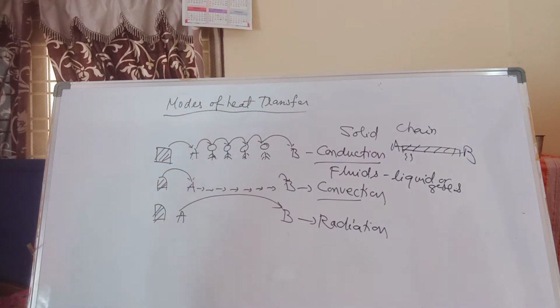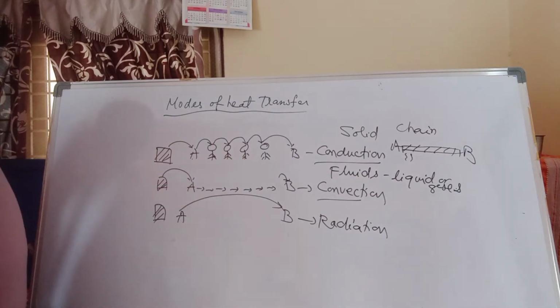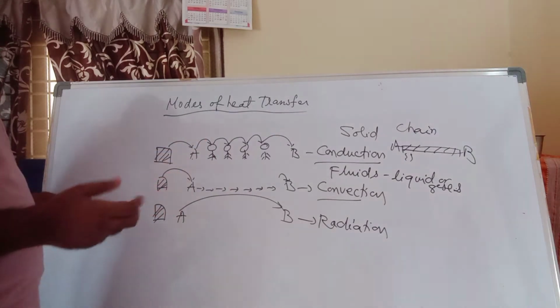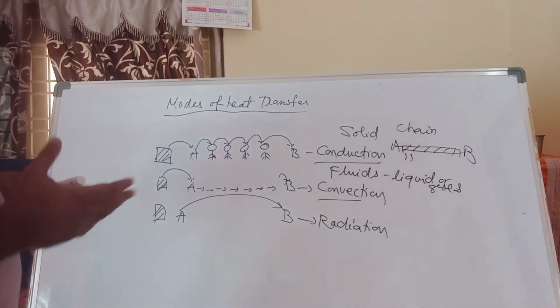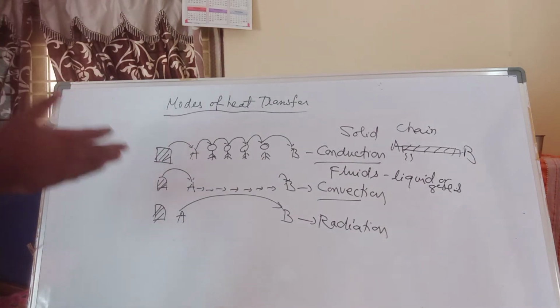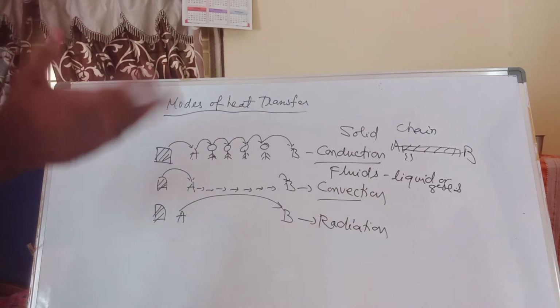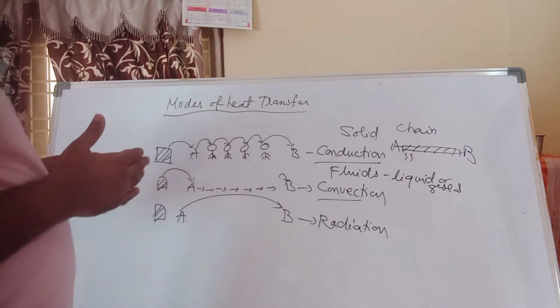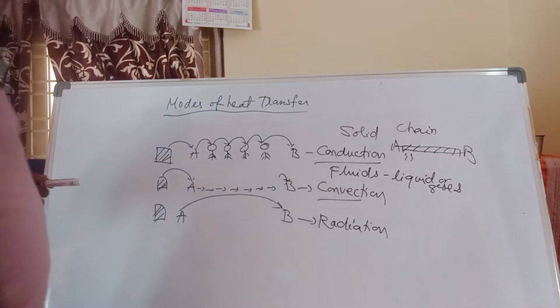When you heat water in a container, that container is a solid. So from the solid to the liquid, the heat is transferred, and inside the liquid, the mode of transfer will be convection.